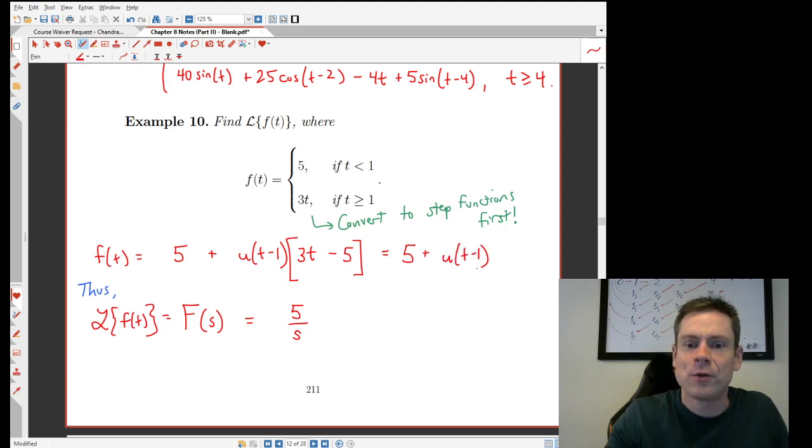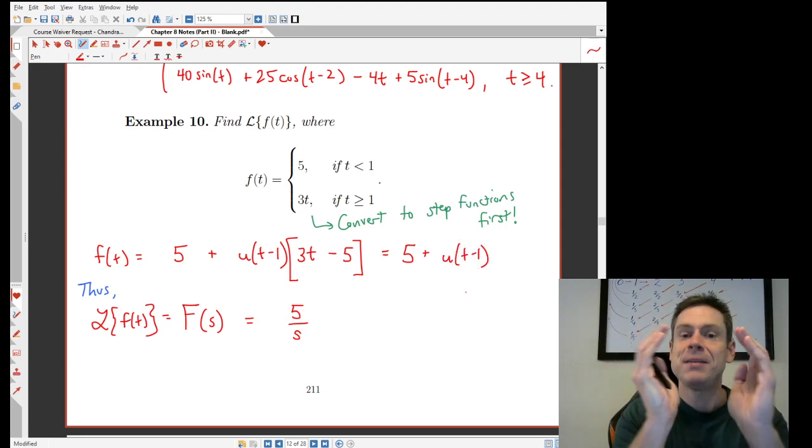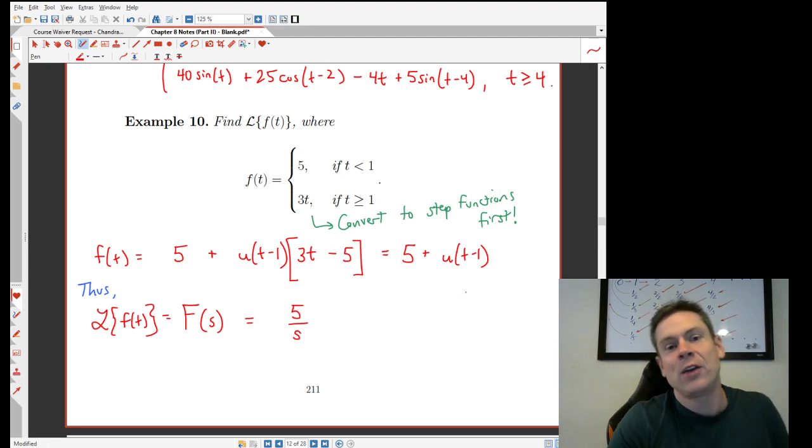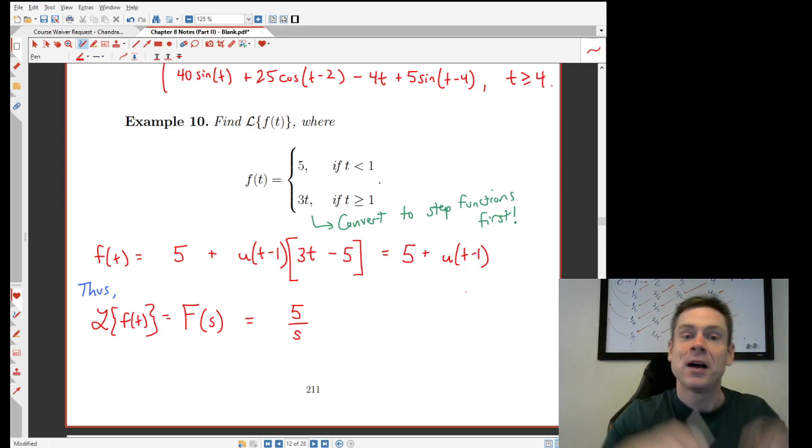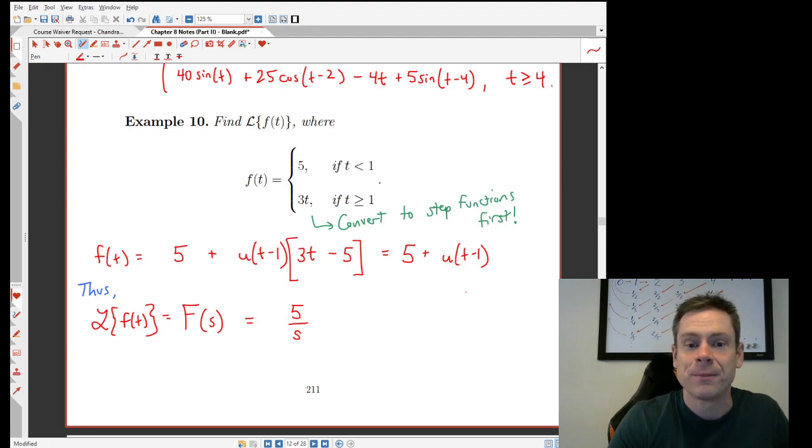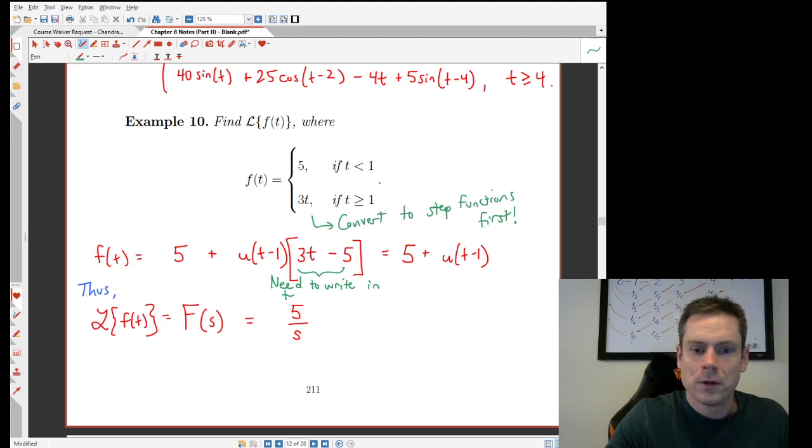I need to, if you remember, have the t minus 1 matching in order to take the Laplace transform of something that involves a step function if it isn't just a step function on its own. So I need to write 3t minus 5 in terms of t minus 1.